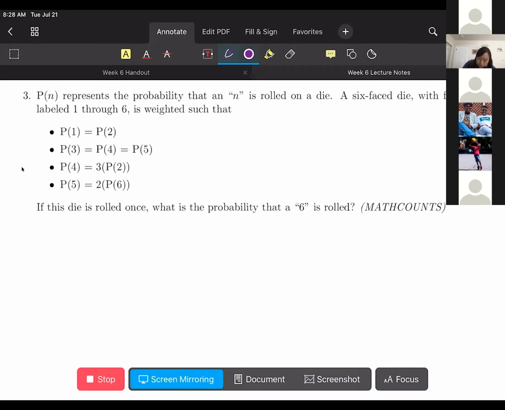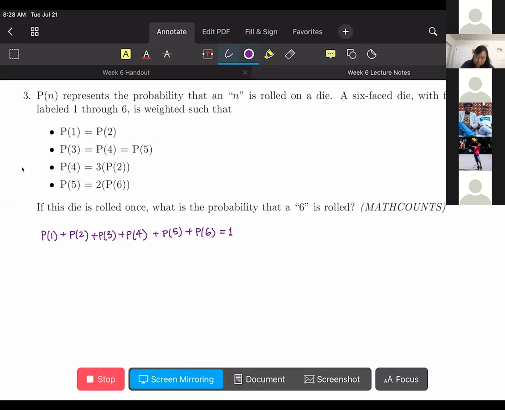And then we could try and substitute the different facts we're given to determine P6. Cool, yeah. So we know that we either roll a 1, 2, 3, 4, 5, or 6. So the sum of all of these must be 1, in addition to what we know above.